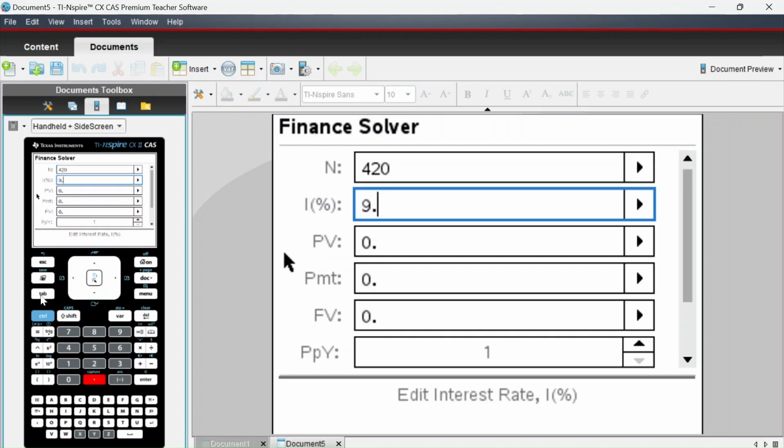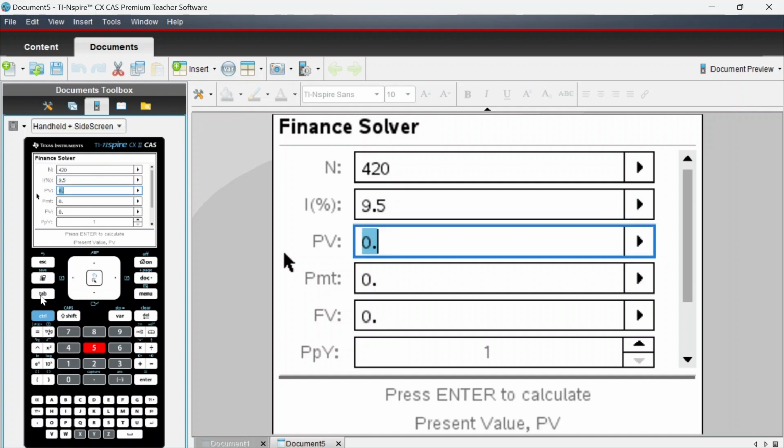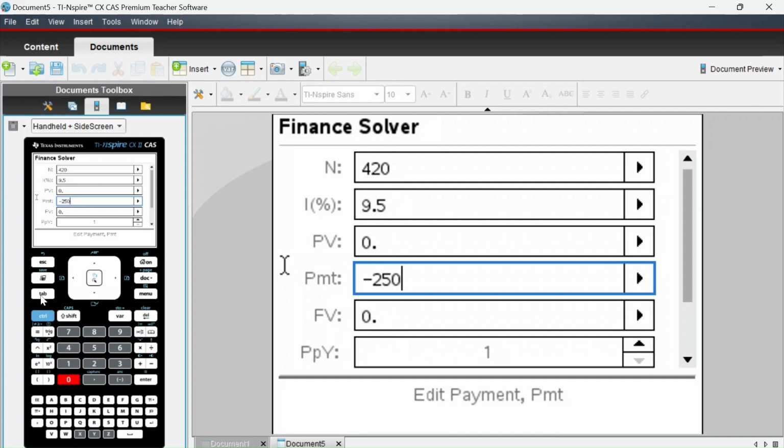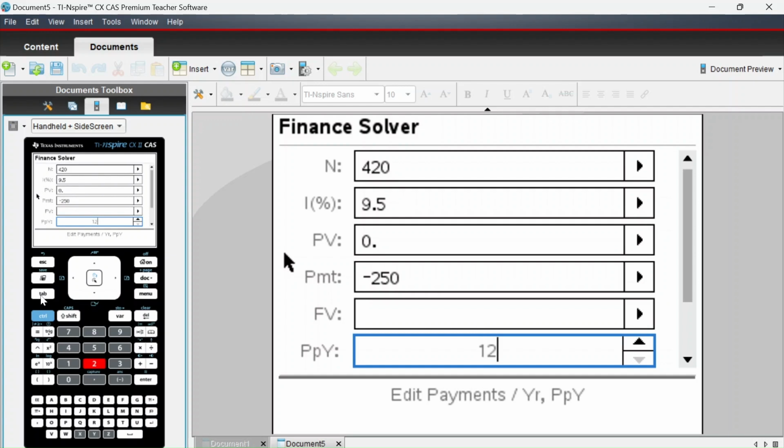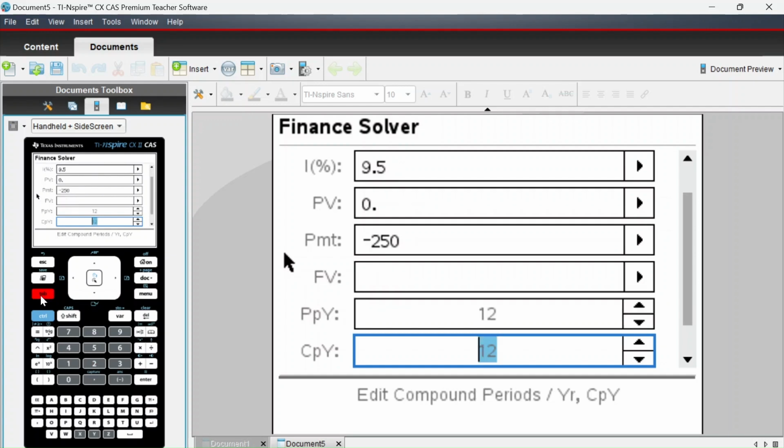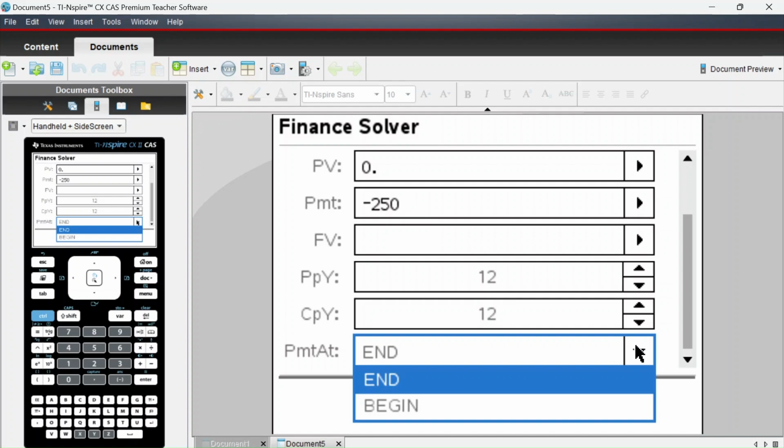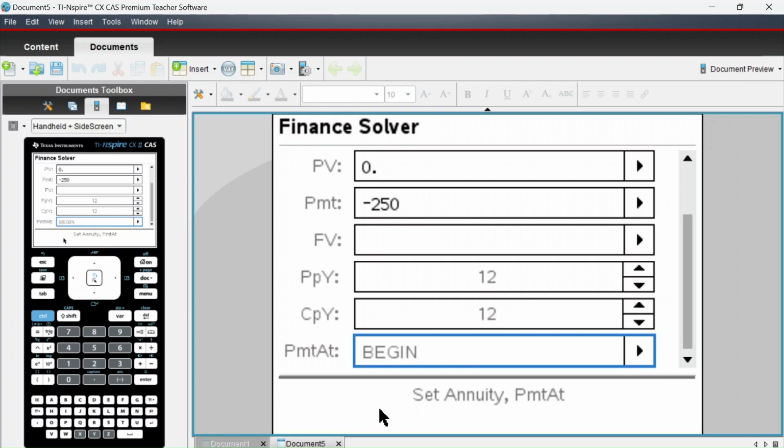It was at 9.5%, I believe. Present value 0. The payments were negative 250. I'll clear the final value. I'm going to put a 12 here and then tab and put 12 there. Now when I tab down here, it's very important I select begin, because this is an annuity in advance and the payments come at the beginning of the period.